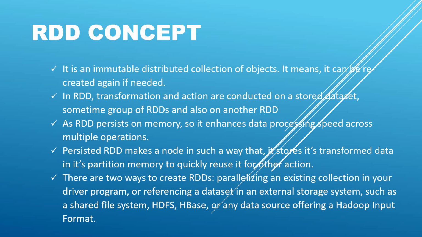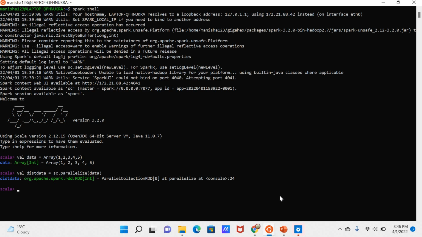Now next is referencing a dataset in an external storage system. This is also another way of creating an RDD. How an RDD is created by referencing a dataset from an external storage system, that's what I'm showing you now.